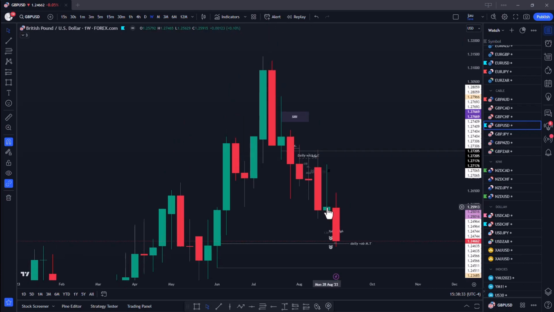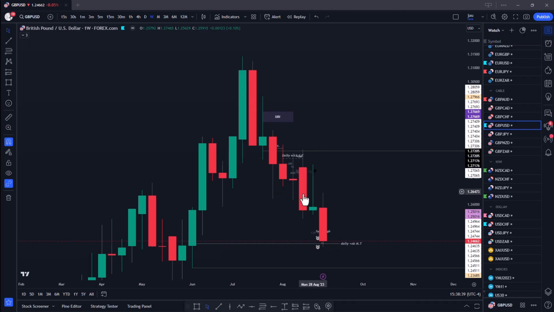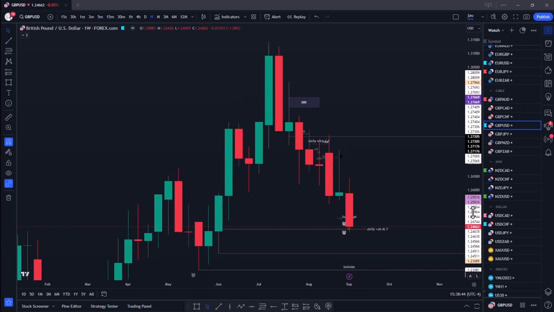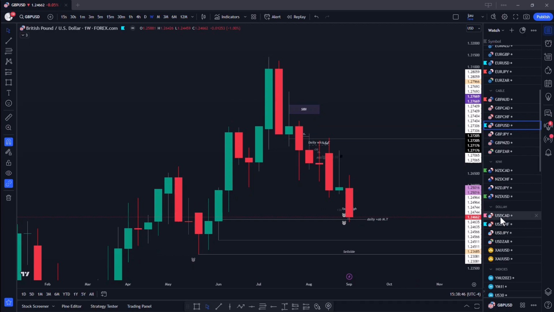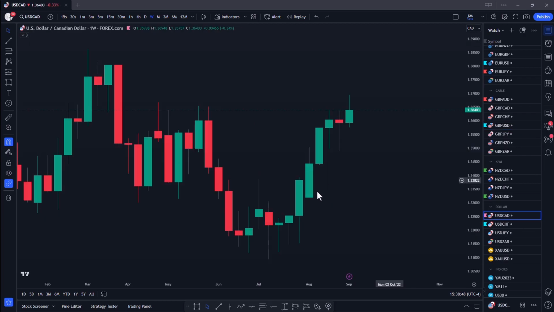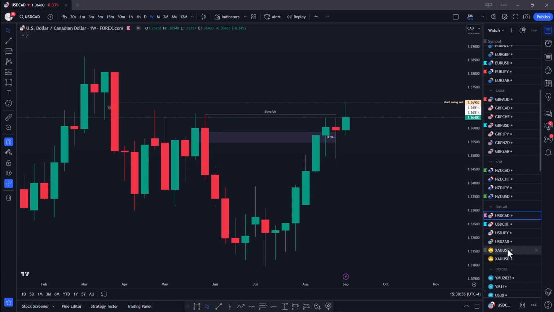So we got a bullish week at this point, but we also see an immediate rejection at that point. Same with here. So yeah, it's a bit easier to trade the currencies because they are following the dollar index directly. Same with the USDCAD, bullish prices because of the dollar.